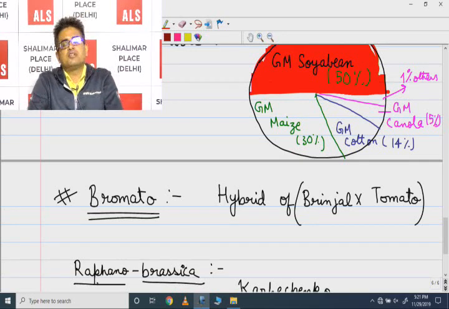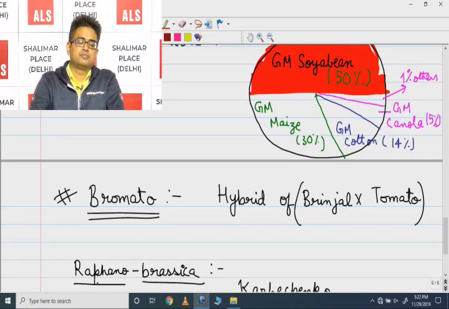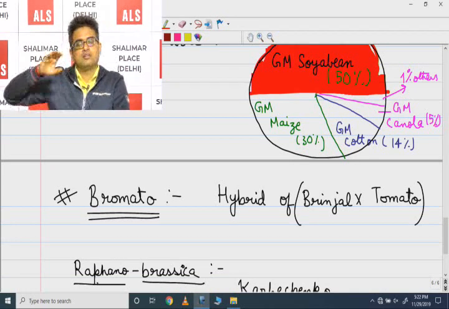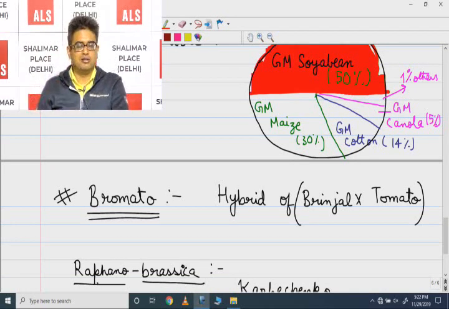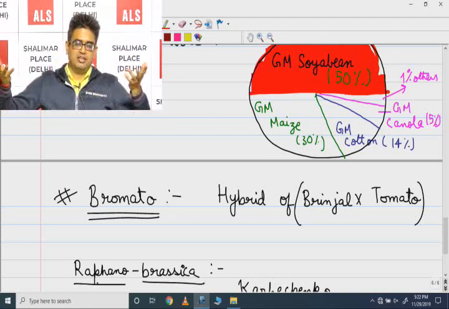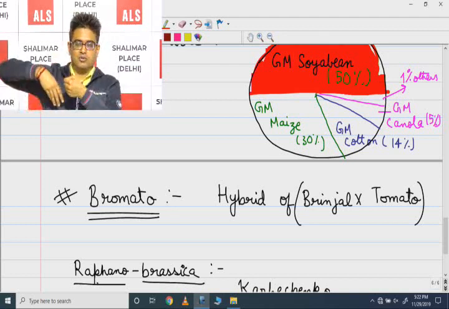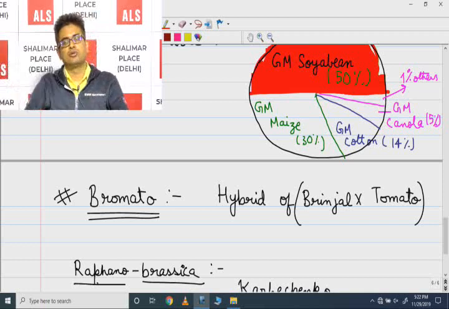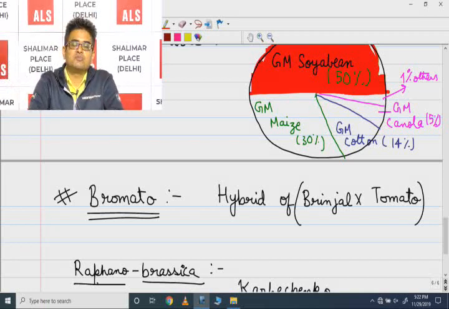Karpechenko said that in radish there is something underground that is edible, and we do not eat the leaves. And in cabbage, we do not eat the root, we eat the upper part. So let me make a hybrid in which I get cabbage above the ground and radish below the ground. This was his brilliant idea. He made a hybrid of cabbage and radish.